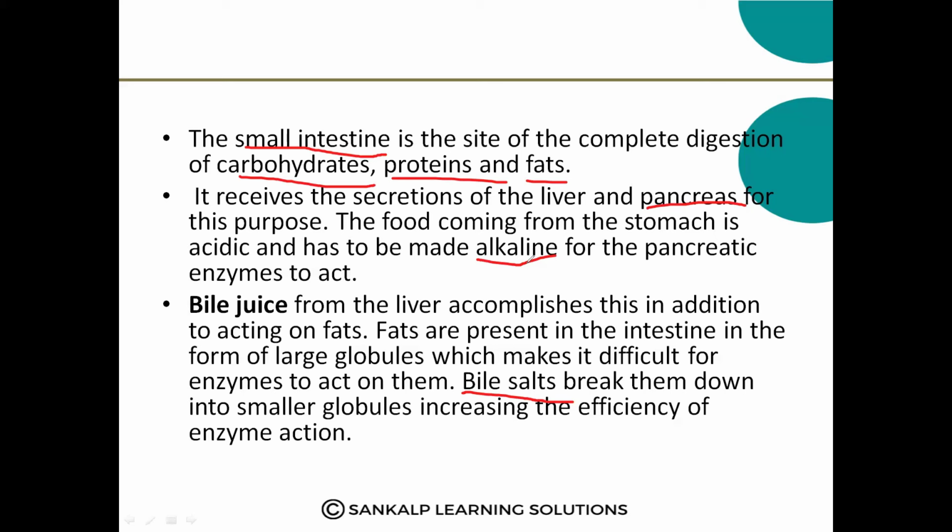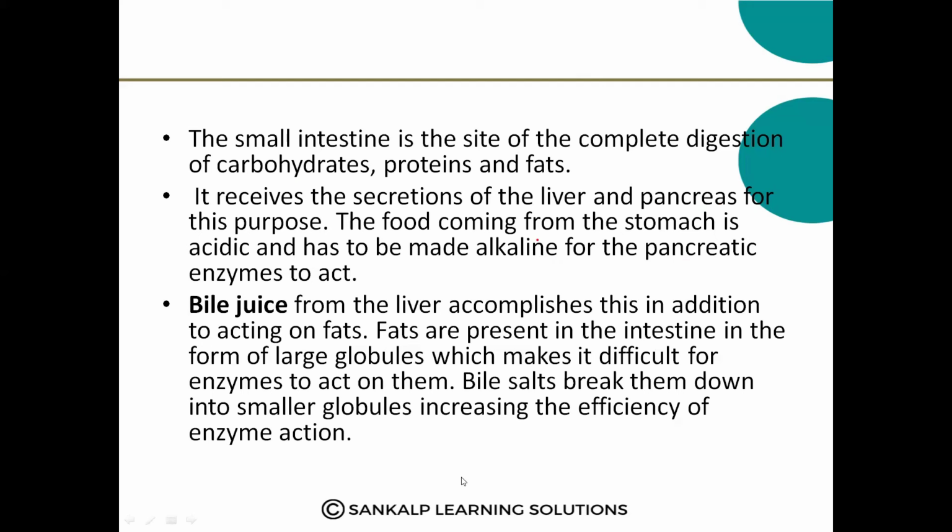Because of the hydrochloric acid, when it moves to the small intestine it should become alkaline, and that will be achieved by the pancreatic juice. Okay, then it also receives the bile juice. Bile juice is secreted from the liver and transported by the bile duct.